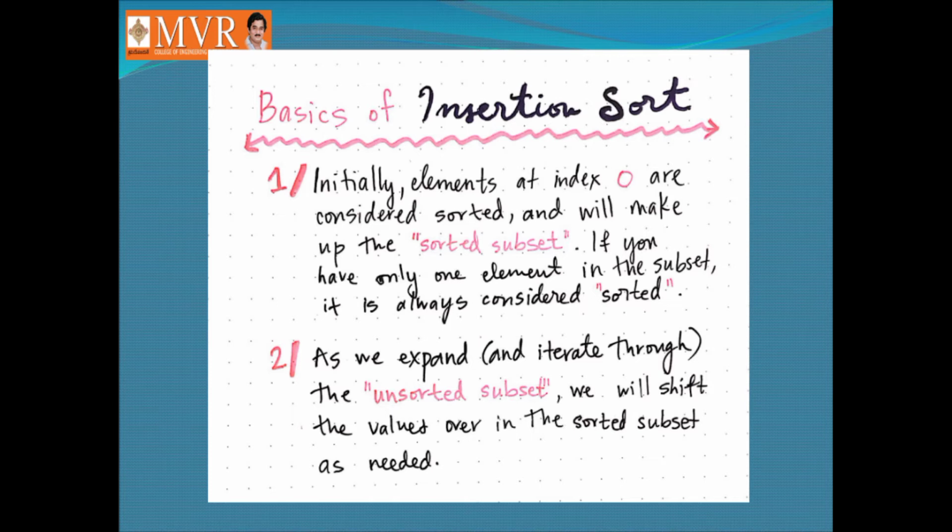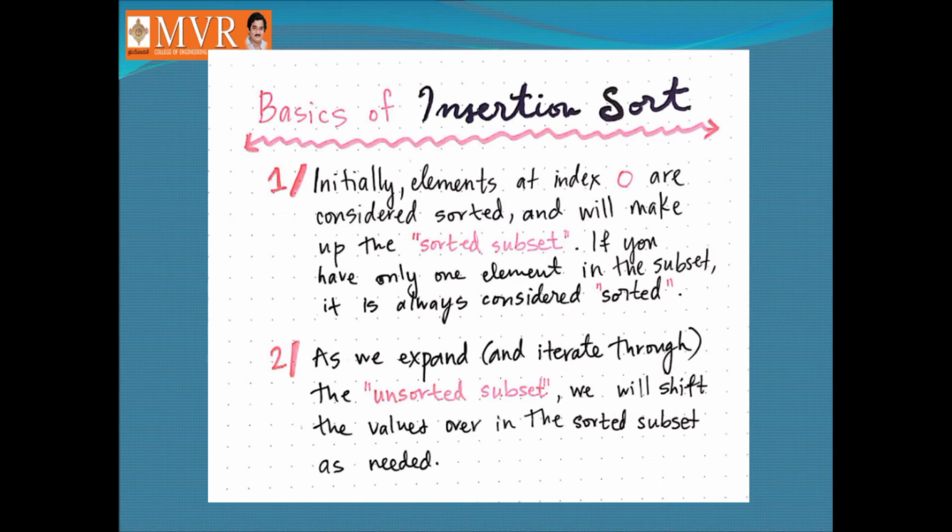As we expand and iterate through the unsorted subset, we will shift the values over in the sorted subset as needed. First we assume that the first element in the array is sorted and keep it at location 0 and then start the process. In the second step, compare the 0th location element with the element at location 1.